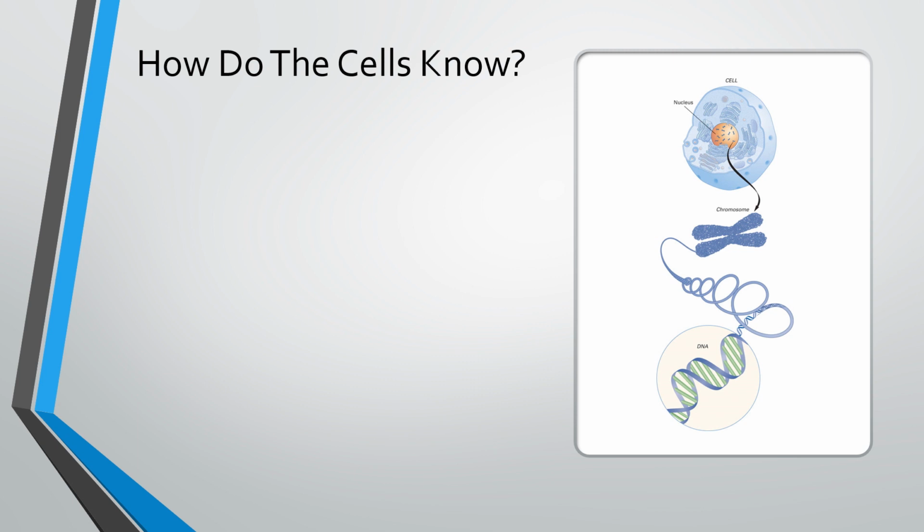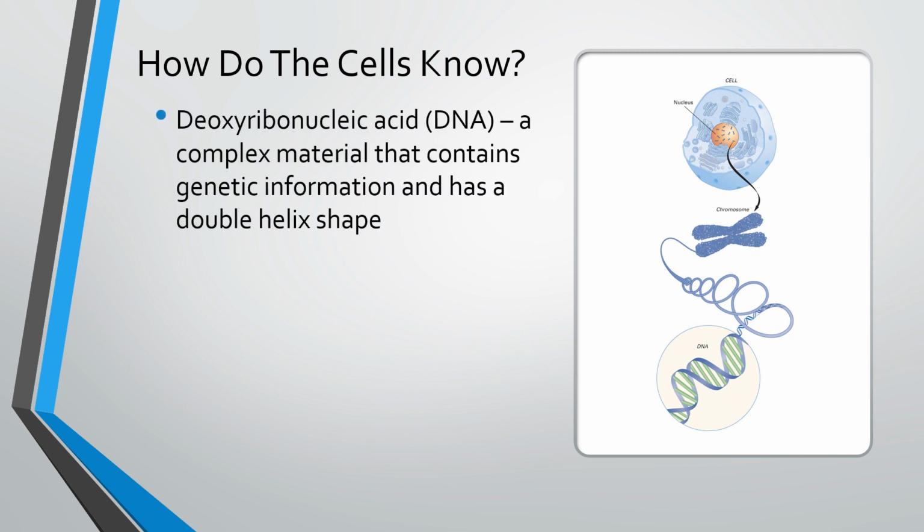Within our nucleus, we have 23 pairs of chromosomes. If we splice them out and look at them closely, untangling the mess that creates the strands, we actually get to see this double helix-shaped information that we call deoxyribonucleic acid, or DNA for short.